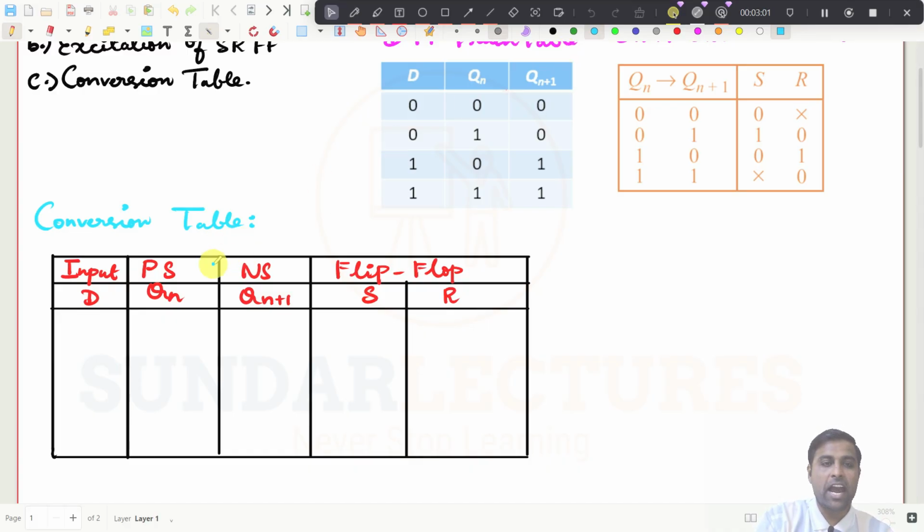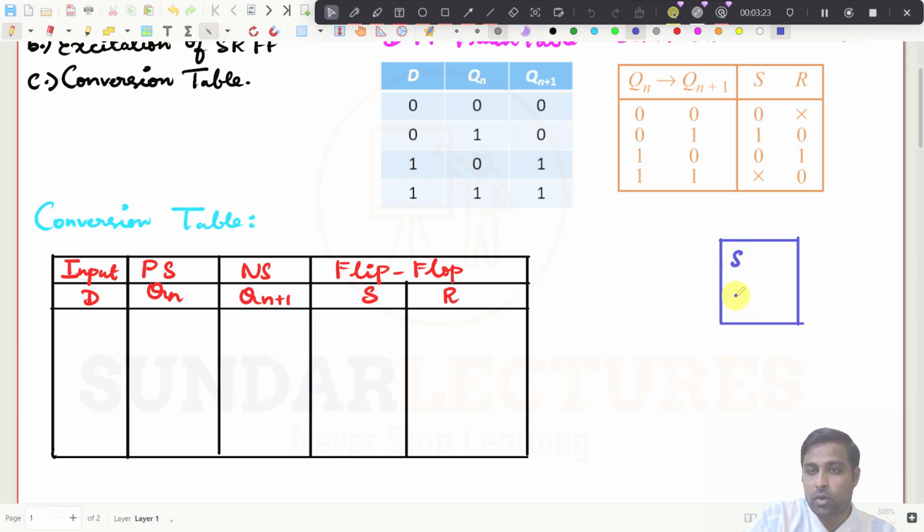Now see here, I have just drawn the conversion table here, and what we need to do here, see, first we need to take the input, that is D, which we are going to give as the input now. So what actually we are doing now is, we have an SR flip-flop. I will just explain in easy terms so that you can easily get the point.